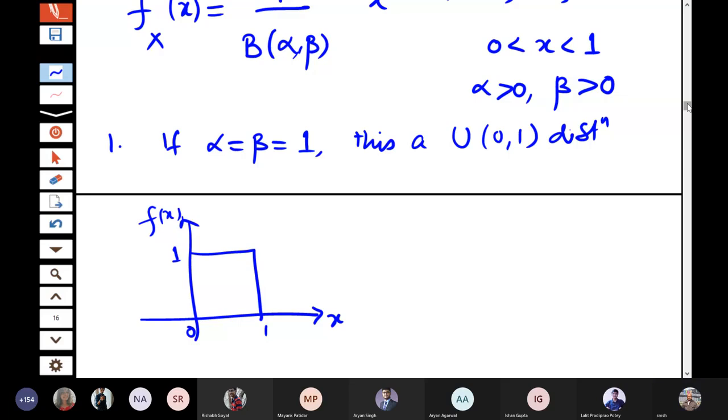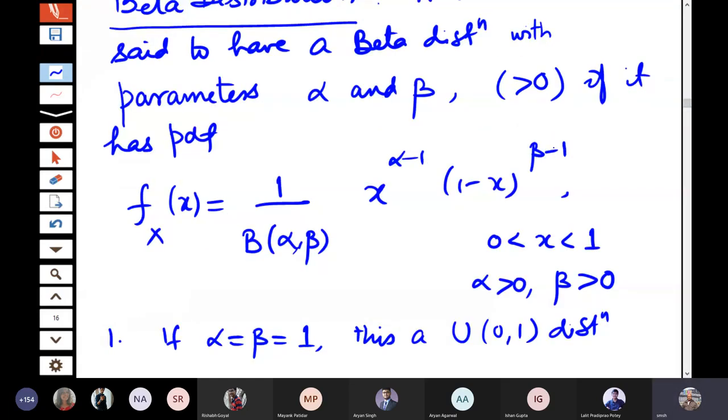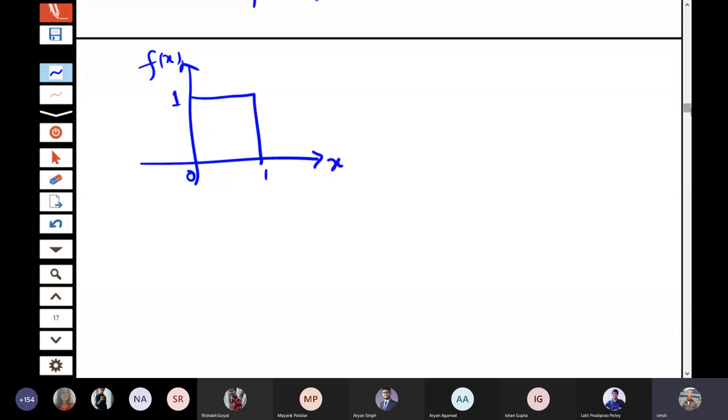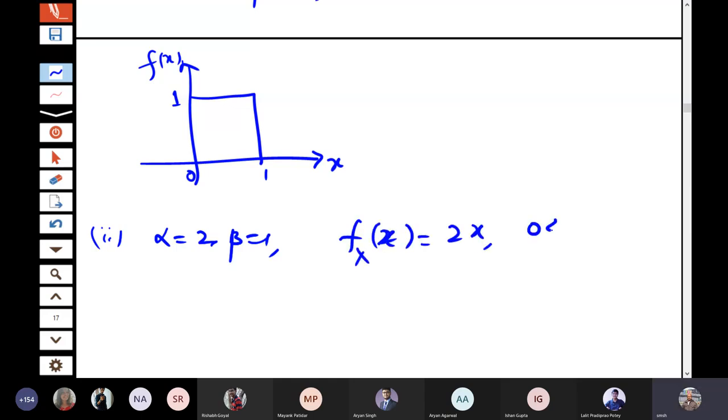Suppose I take beta equal to 1 and alpha equal to 2, then I will get 2x. Basically I calculate this term, 1 by B(2, 1), that is 2. So 2x I will get. Similarly, if I take alpha equal to 2, beta equal to 1, then the distribution is 2x, 0 less than x less than 1.